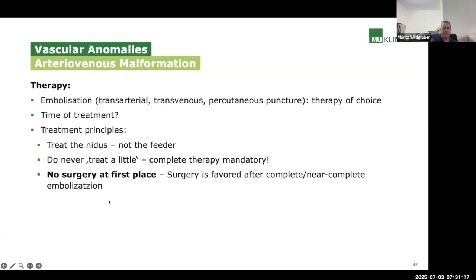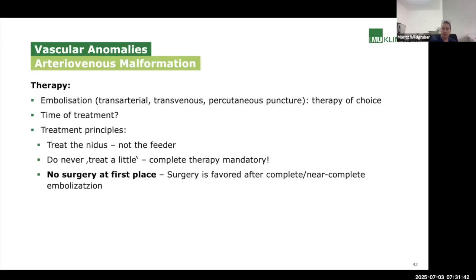And typically, one would clearly refrain from surgery as the first therapy of choice, because open surgery of AVMs is really a mess. The surgeon will never be able to take out the AVM entirely because it's bleeding like hell. Then they have to close. The rest of the AVM will stay in place and will continue to proliferate.